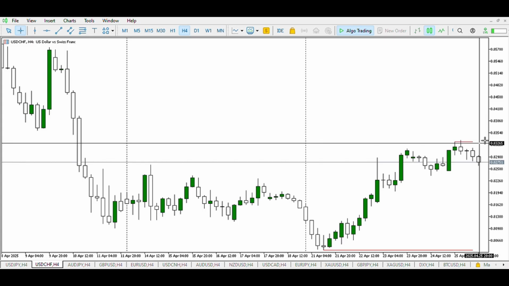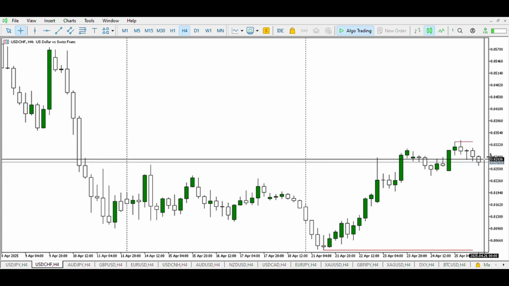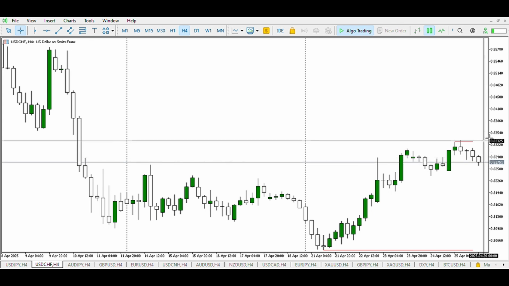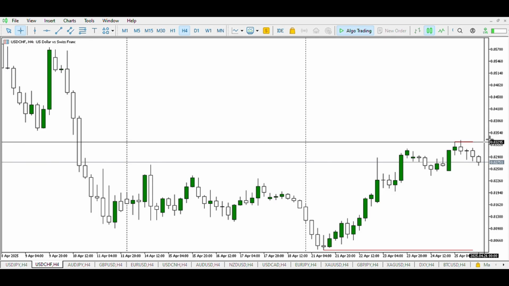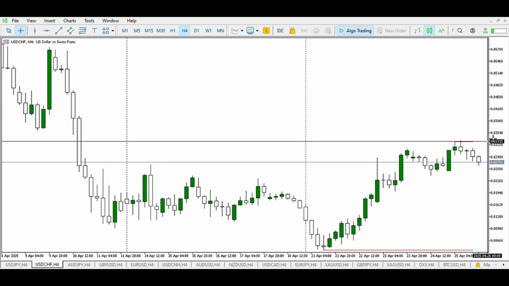Following from this, you can expect price to range once the market opens on Monday and take out this high. So if this high is taken out in a healthy liquidity manner, giving a candlestick formation that aligns, and if all rules are met, we can conclude that the US dollar is going to weaken against the Swiss franc.